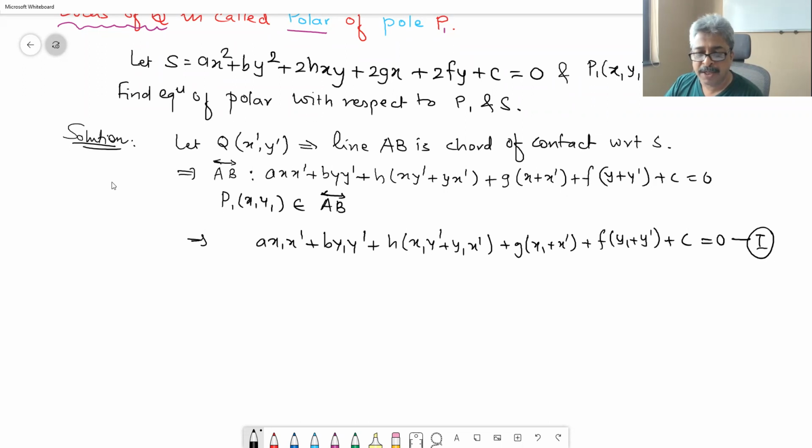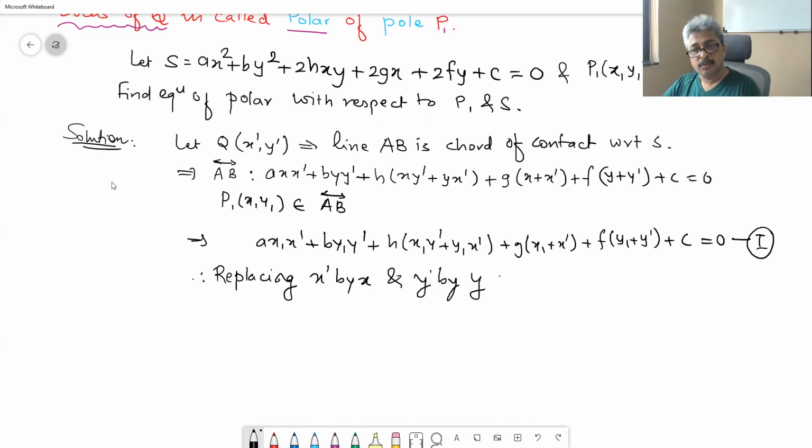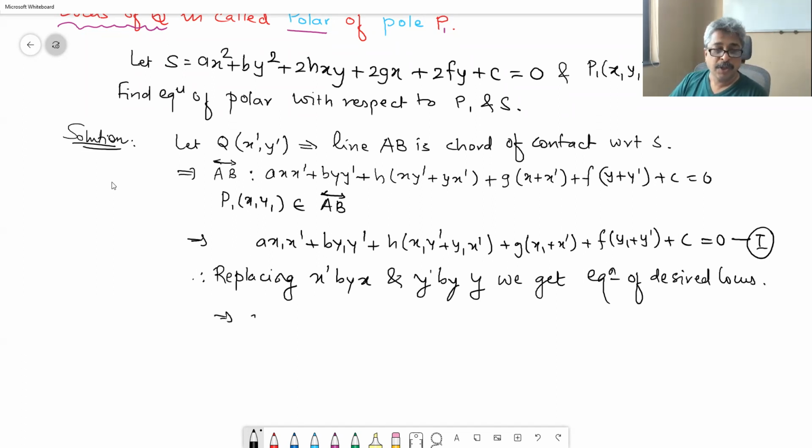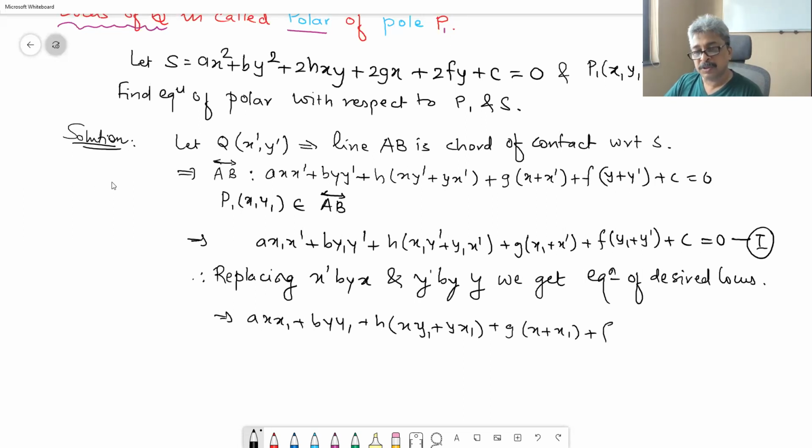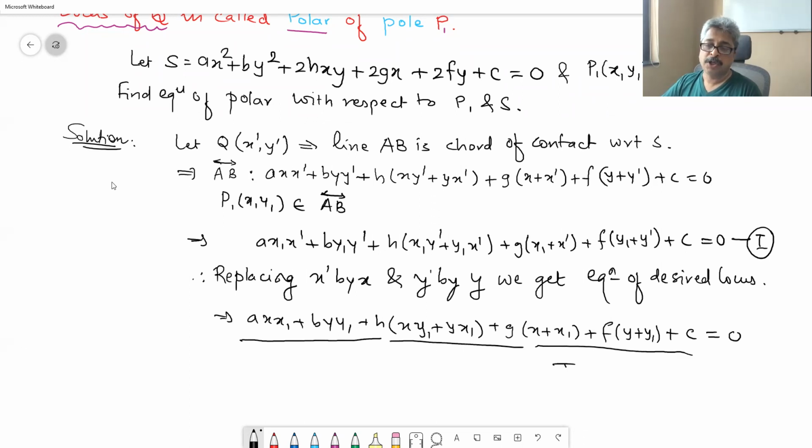And our Q is a variable point. Therefore, replacing x' by x and y' by y, we get the equation of the desired locus, which is a x1 x plus b y y1 plus h(x y1 + y x1) plus g(x + x1) plus f(y + y1) plus c is equal to 0, which is T is equal to 0.